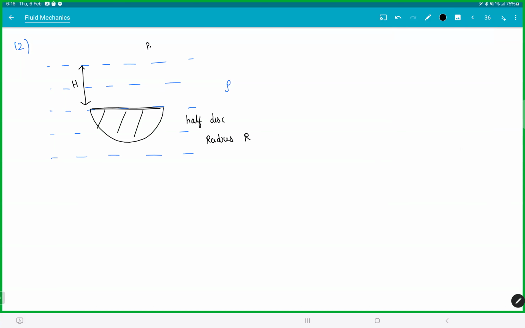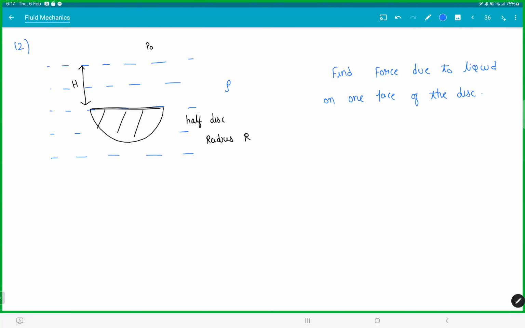Pressure is P naught. Find the force due to the liquid on one face of the disk. Basically one side.